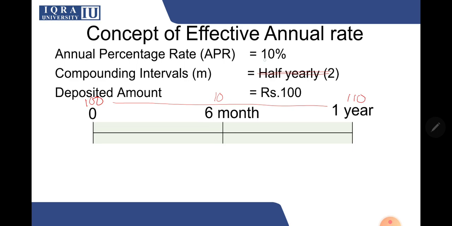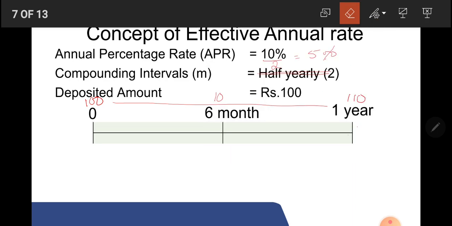So, if we divide this by 2, we get 5%. So 10% is the interest for the whole year, but for the first 6 months you will get an interest of 5%, and for the next 6 months you will get an interest of 5%. Let me just erase this.